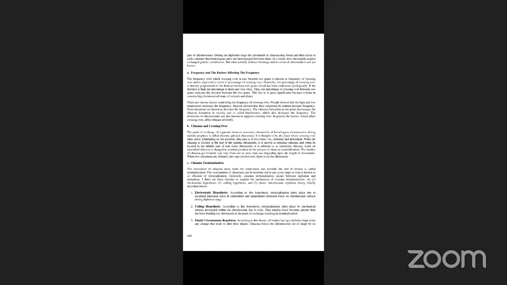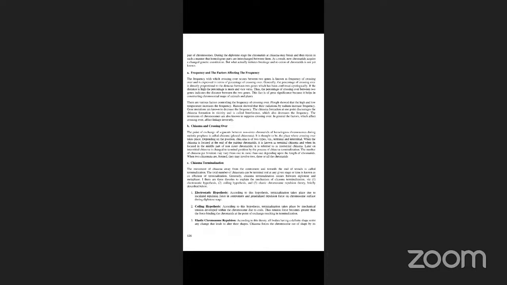So during the diplotene stage, the chromatids at the chiasma break and rejoin, and again homologous parts are interchanged. Here the new chromatids acquire a changed genetic constitution. This is called crossing over.